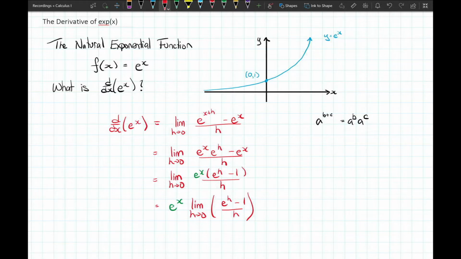Well, you can start to try to think about this logically, rationally here and justify your answer. But it's a little bit tricky because e to the h, as h goes to 0, gets closer and closer to 1. And 1 minus 1 in the numerator is going to get closer to 0. But that isn't enough information. Just the fact that the numerator goes to 0 doesn't tell us enough yet. Let's take a look at the denominator.